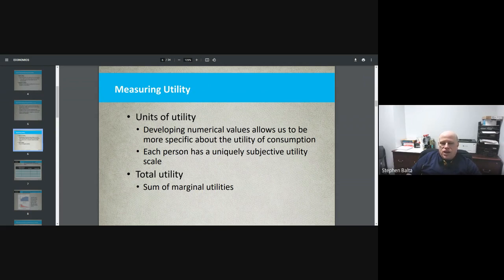Because each consumer is unique in what they like and dislike and what gives them satisfaction or not, each person's utility scale is going to be different for each type of good. So keep that in mind as well. And of course, again, total utility is the sum of all the marginal utilities. All right, so that brings us to the table here.